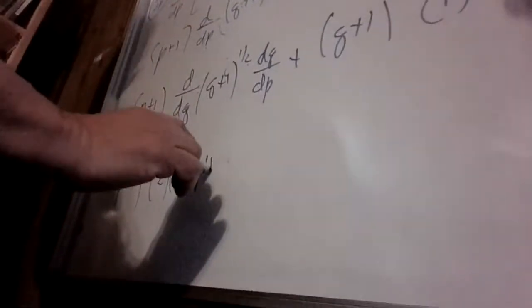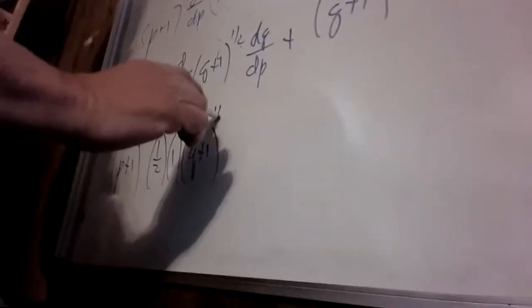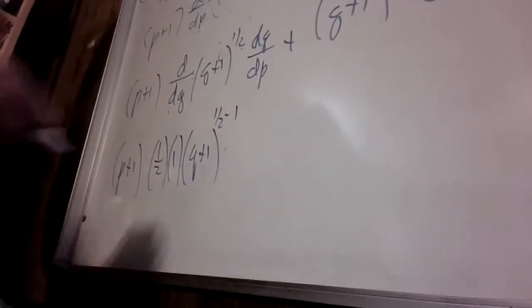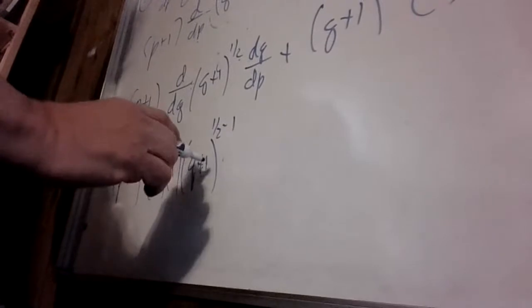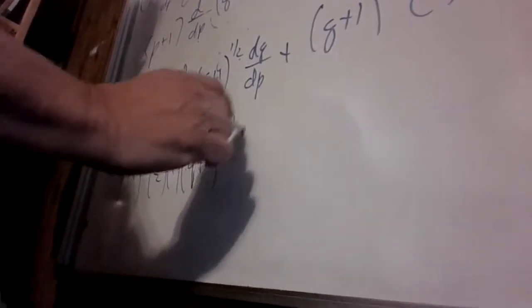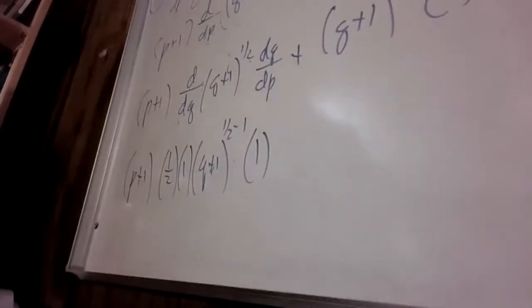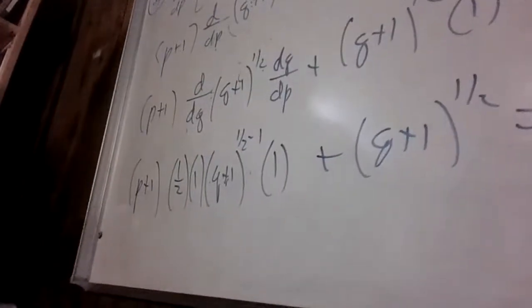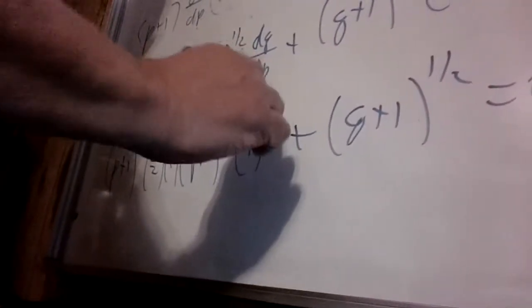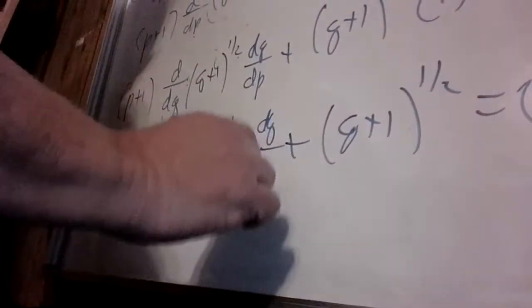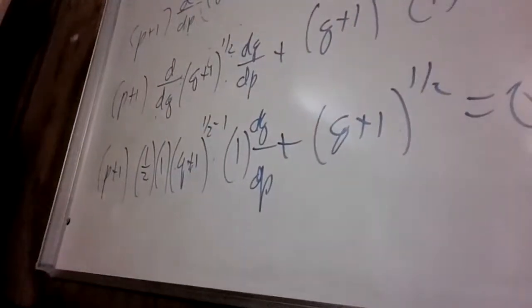Take the Q plus 1, subtract 1 from that, and take the derivative, multiply it by the derivative of Q plus 1, which is simply 1. We're going to put here plus Q plus 1 to the 1/2 equals 0. Well, now what I forgot to do is put on the dq dp. Don't forget that, because that's part of this function.